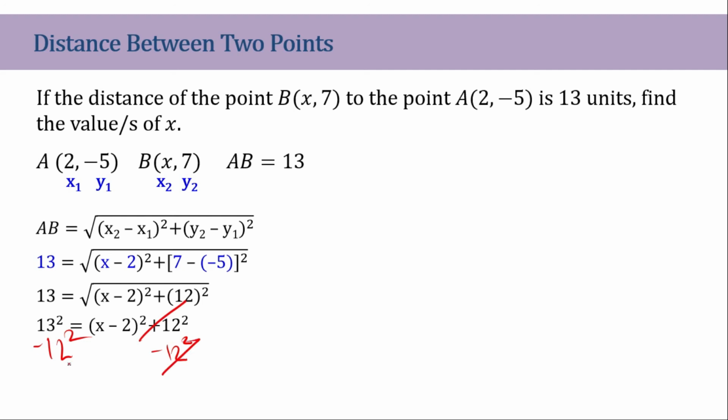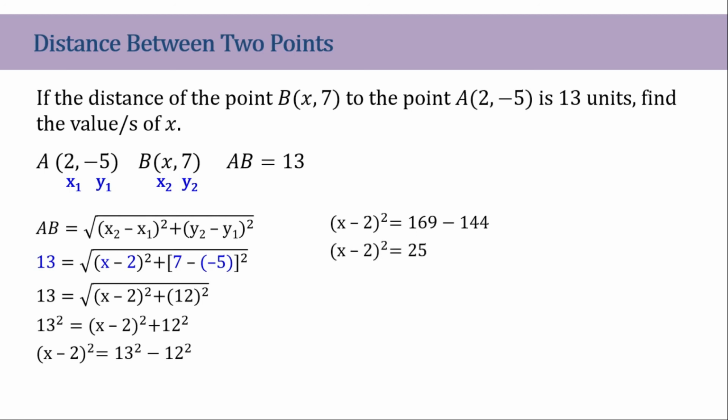Cancel this, so this will become 13 squared minus 12 squared is equal to x minus 2 squared. Let's just assume that we interchange them. Now let's simplify it further. 169 is 13 squared and 144 is 12 squared. So 169 minus 144, we have 25.